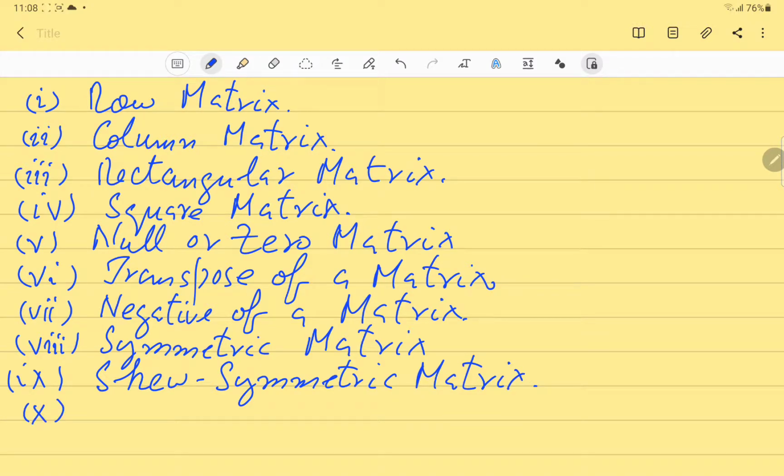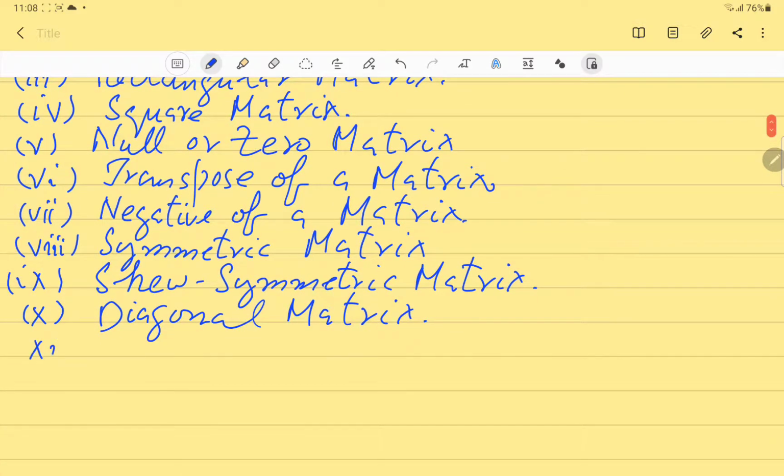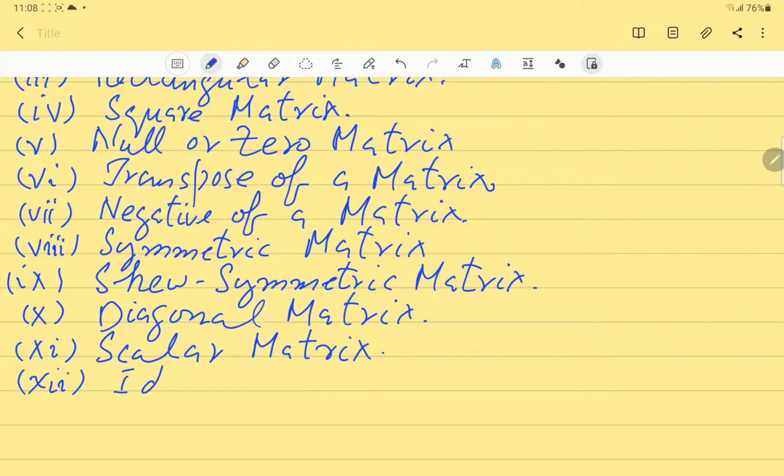Tenth one is diagonal matrix. 11th one is scalar matrix. And the 12th and the last one is identity matrix.